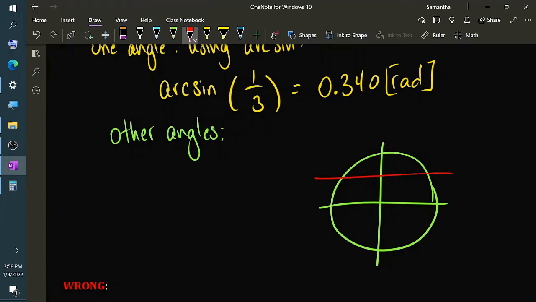I'll indicate the height of y equals 1/3, maybe right around here. And the value that was output by arcsine is the angle that is between negative 90 degrees and positive 90 degrees. So it cannot be pointing to this location in quadrant 2, it must be pointing to this location in quadrant 1.